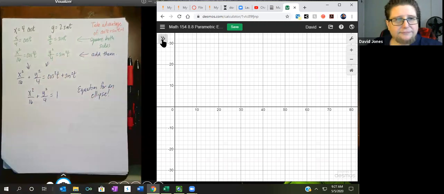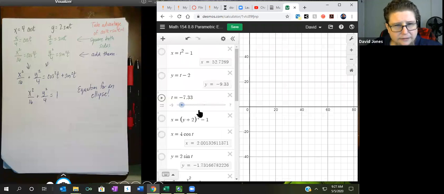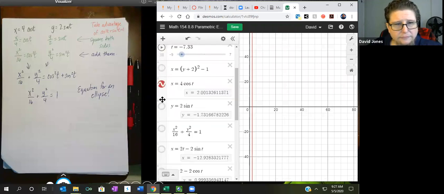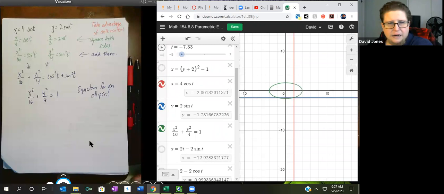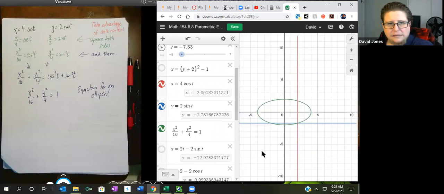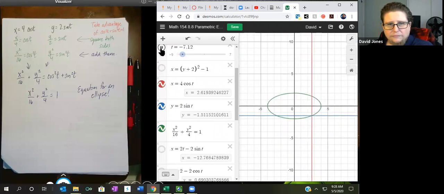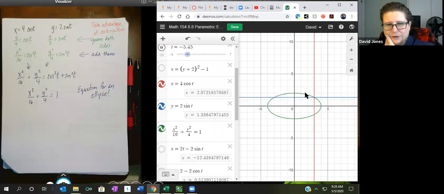Good stuff. And we can see it goes counterclockwise around the ellipse.